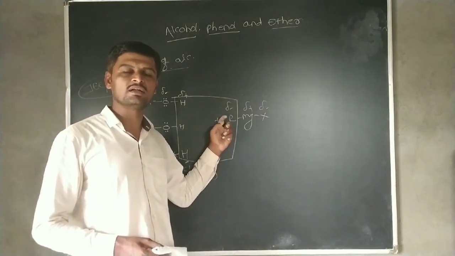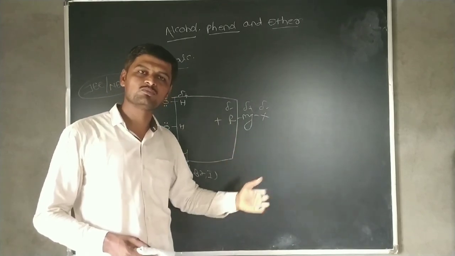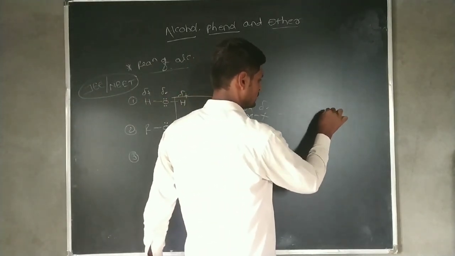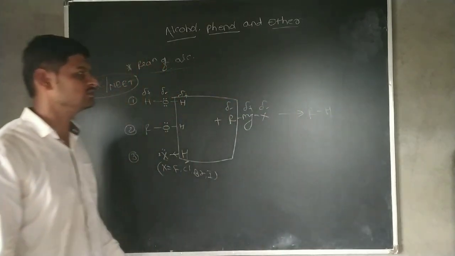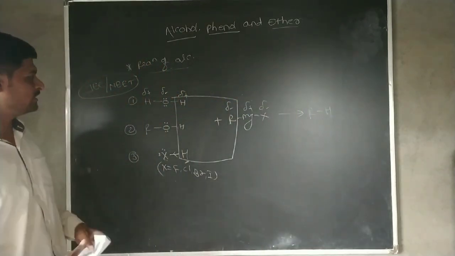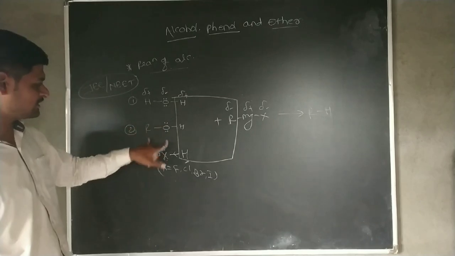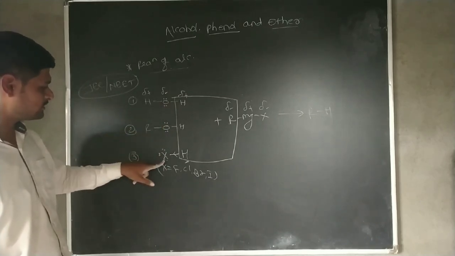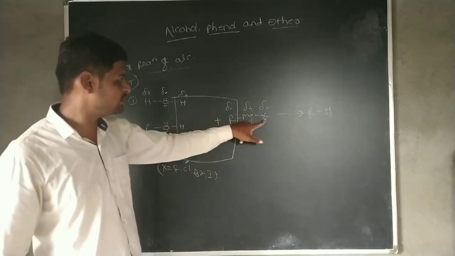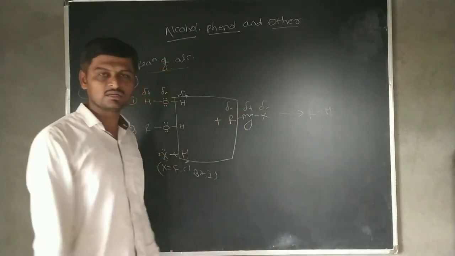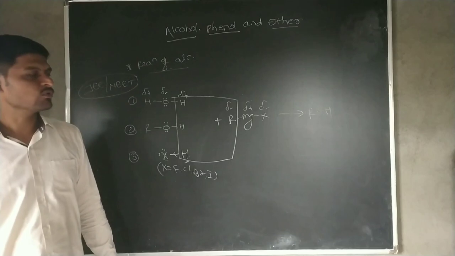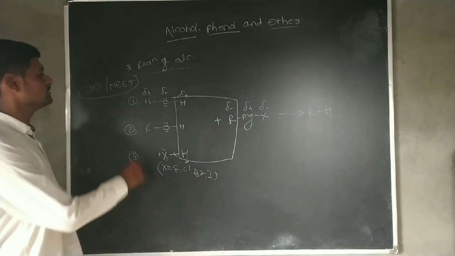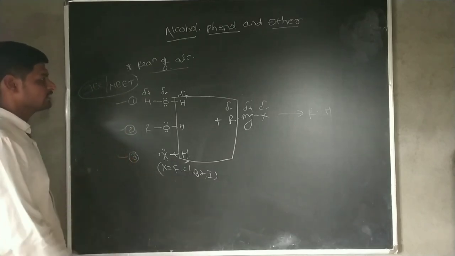This Grignard reagent containing alkyl groups forms their corresponding alkanes, then it forms RH. Okay, the negative part remains as it is. This negative part, that is OH minus, OR minus, X minus, combines with MgX, then it forms the other or adjacent product. Okay, these are the three examples or three compounds which are taken here.